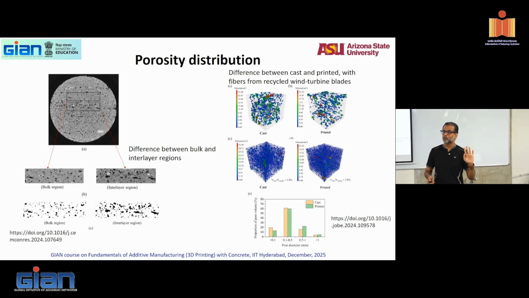So again, if you want to do work on AI, here is another way that you can do it. You tell the software, here are my characteristics. Give me 200 more images like this with similar porosity and void distribution, and it'll give you that.